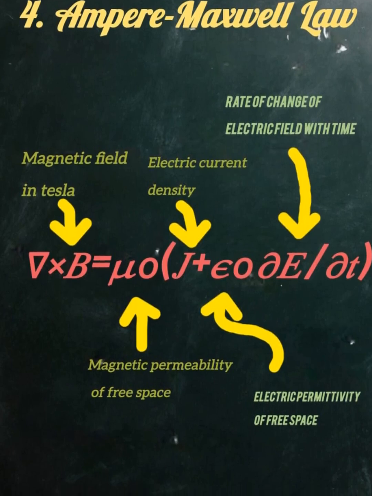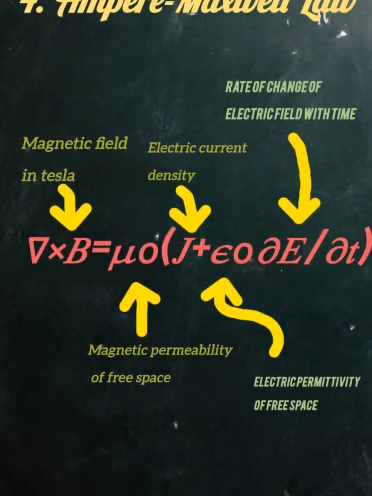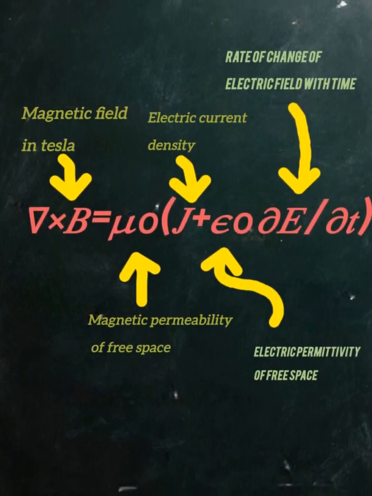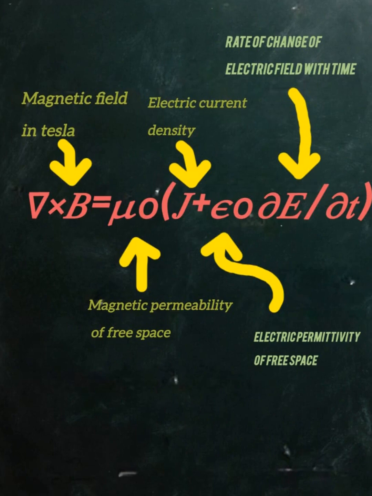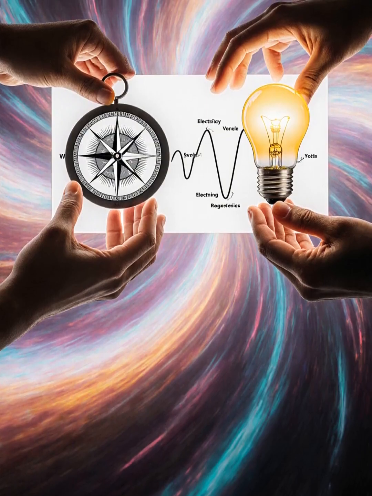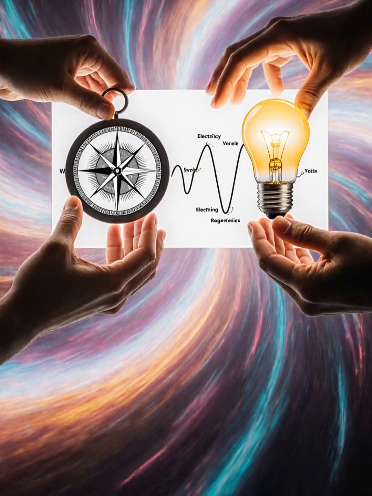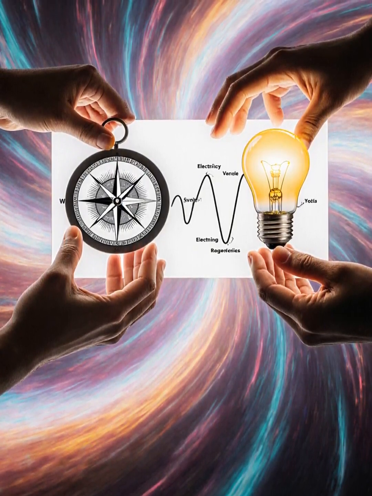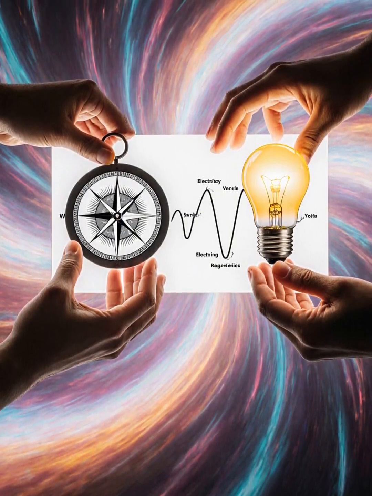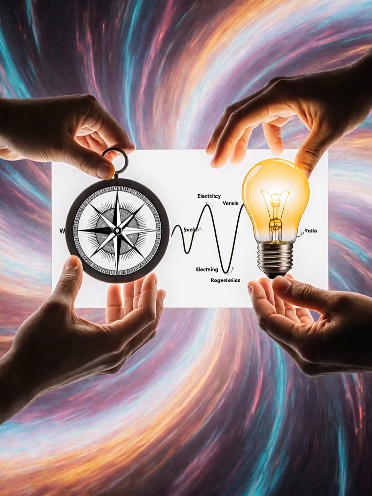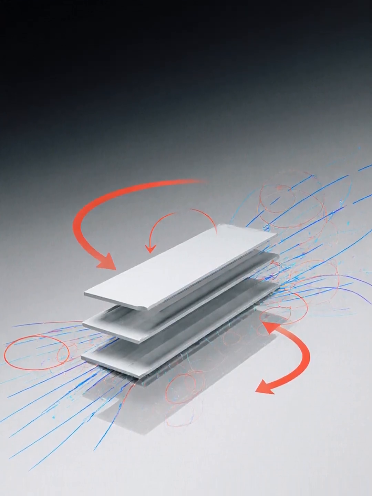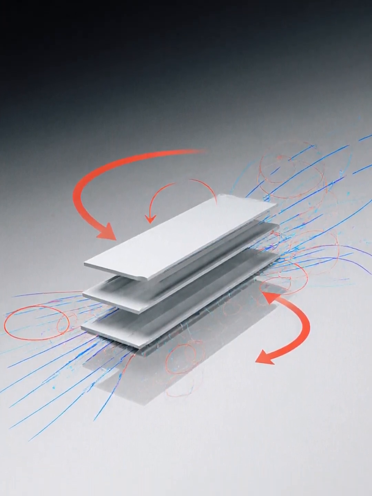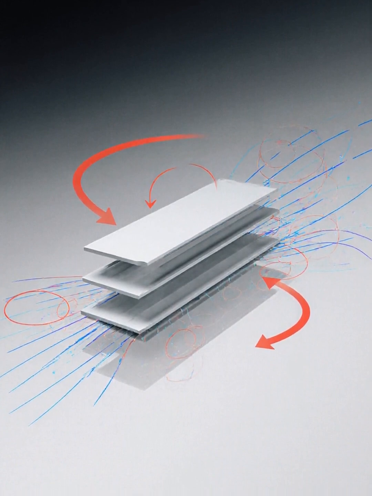4. The Ampere-Maxwell law is a fundamental equation in electromagnetism that states a magnetic field is generated by both electric currents, Ampere's original law, and changing electric fields. Maxwell's crucial addition, the displacement current, unified electricity, magnetism, and light into a single theory of electromagnetism, predicting self-propagating electromagnetic waves.